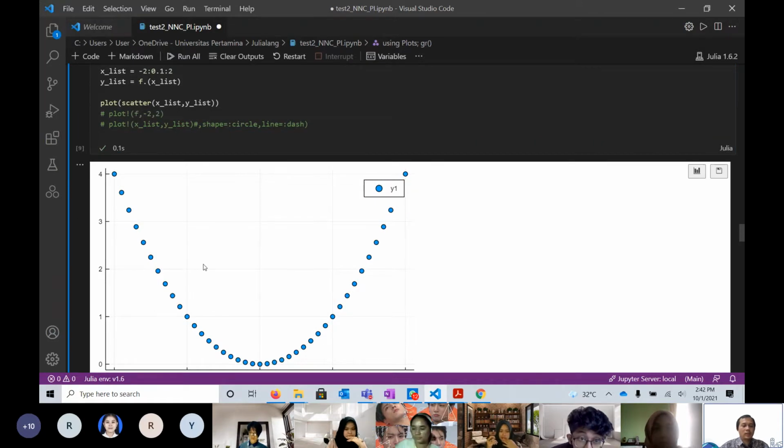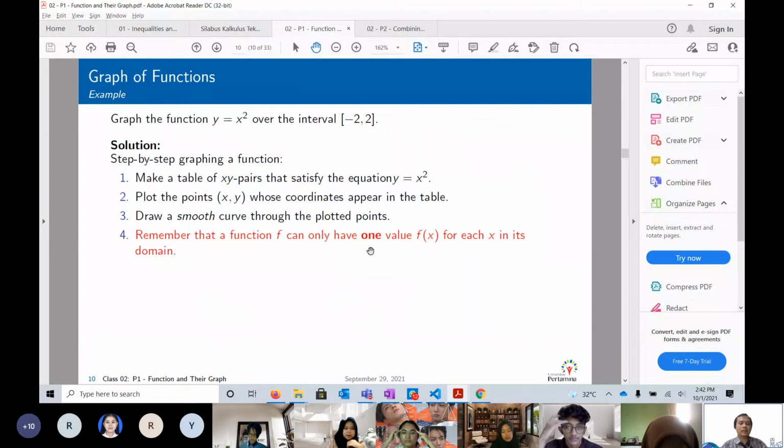We need to collect more points and then we can connect them. So the more points we have, the smoother our graph looks. That's basically the idea. And we need to remember that the function f can only have one value of f(x) for each x in its domain.